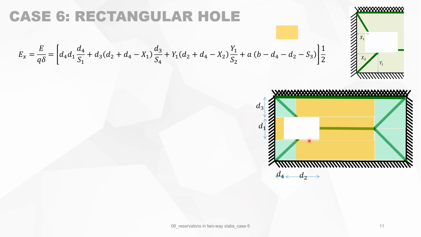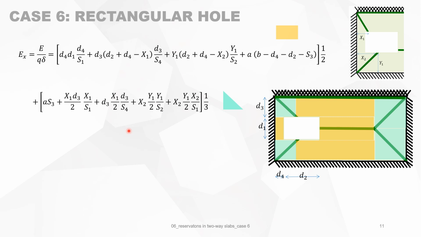And so we can continue for this portion of the slab, and then for what is left, the bigger one, it's a times the total distance b minus d4, d2 and s3. So we have this portion here, like that.